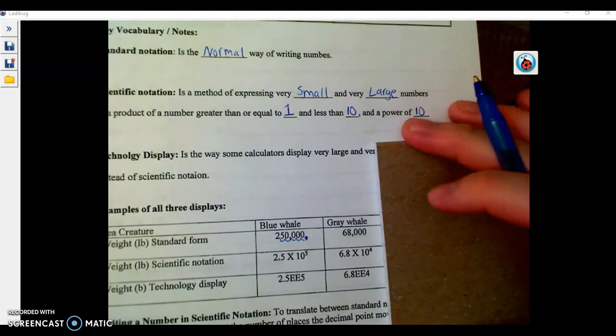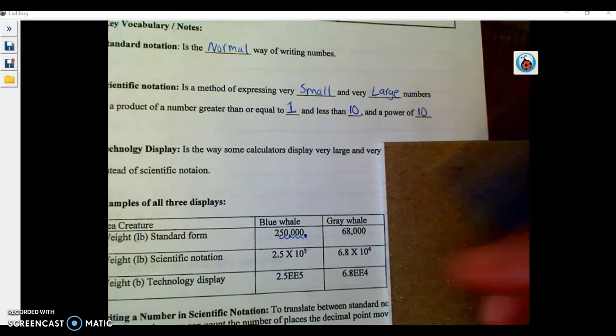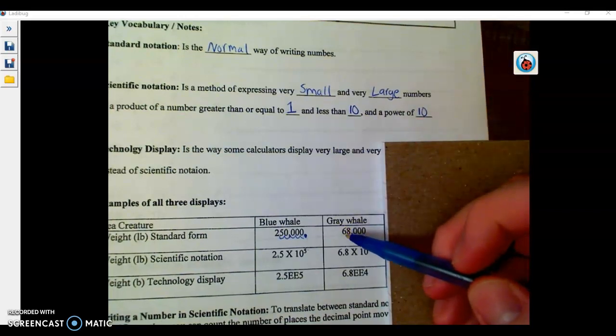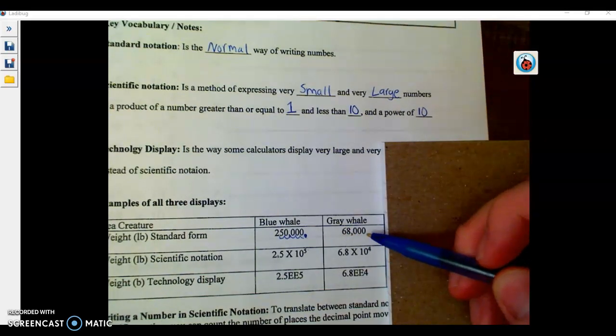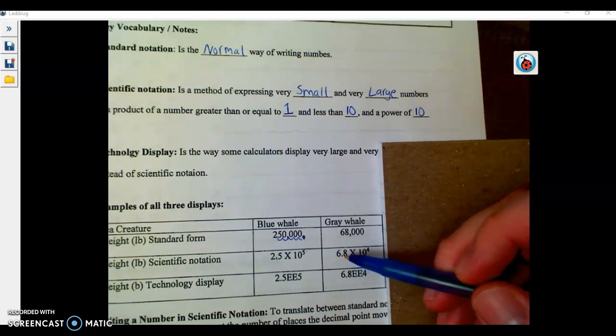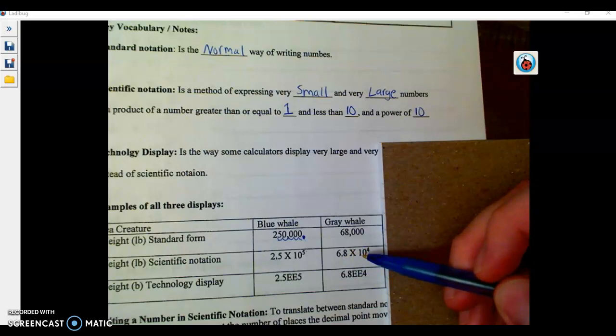Gray whale, same idea. A gray whale is on average about 68,000 pounds. Instead of writing out 68,000 pounds, you could write 6.8 times 10 to the power of 4.